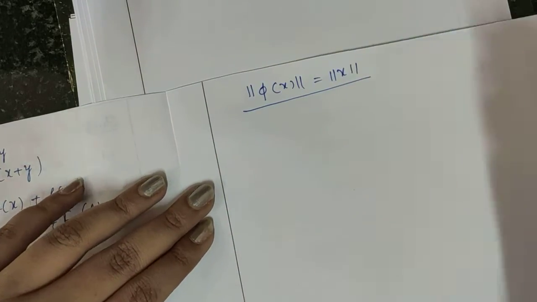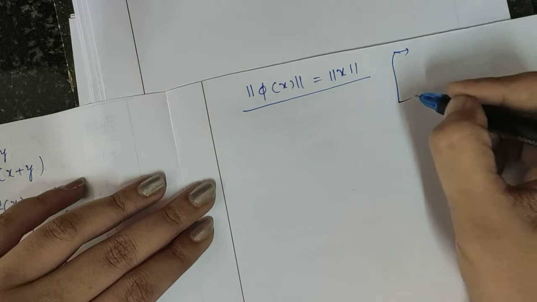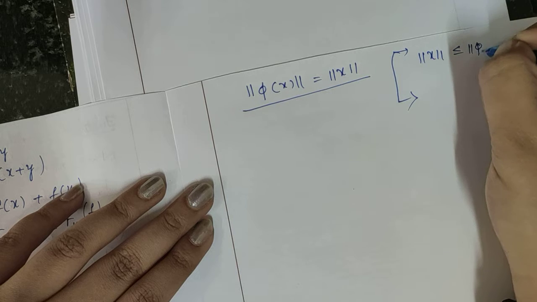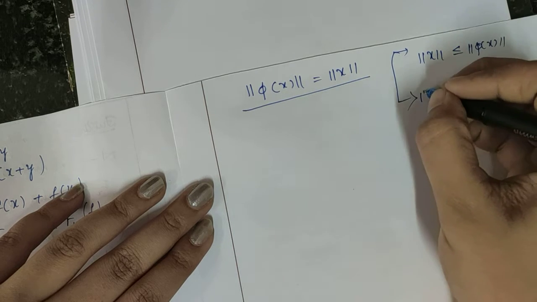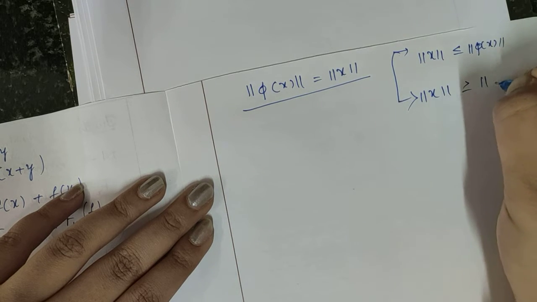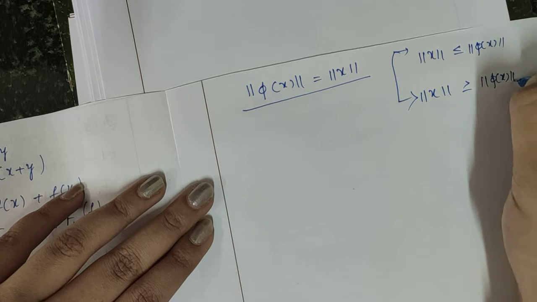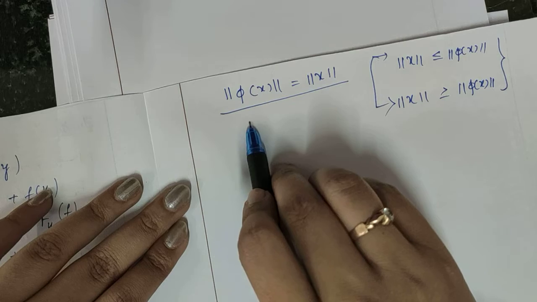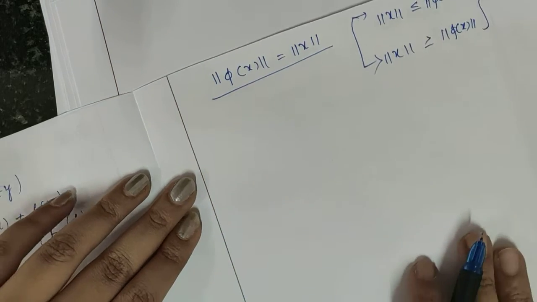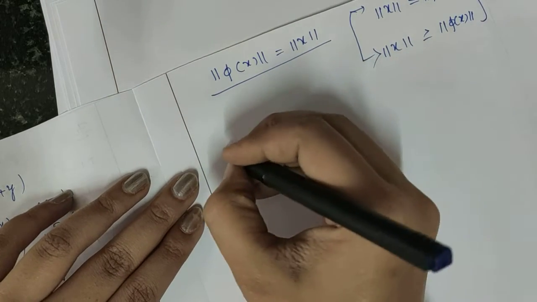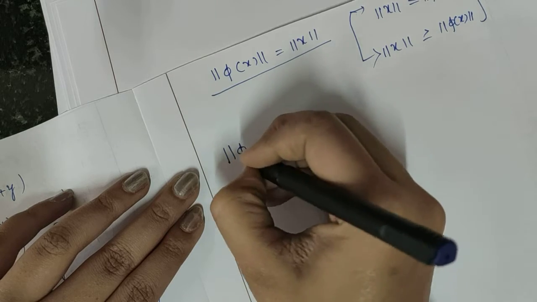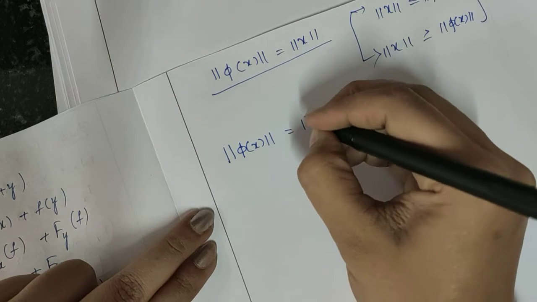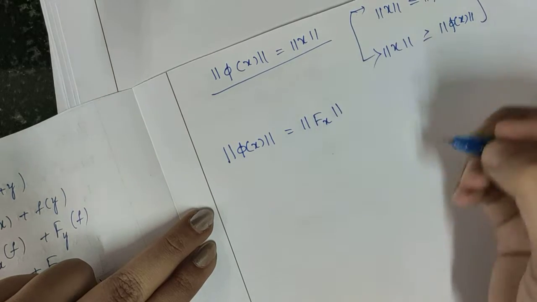In order to prove this, I will consider two cases. One is norm x is less than or equal to norm phi of x. Another one is norm x is greater than or equal to norm phi of x. If I prove these two inequalities, we can conclude that norm phi of x is equal to norm x. Okay. So first let us consider norm phi of x. I can write norm phi of x as norm f_x.